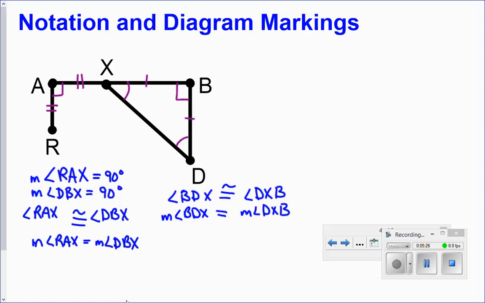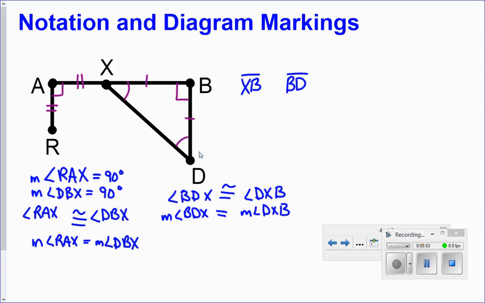Now, moving on, I also see in this diagram some line segments, using our terminology from the previous video. So I'm noticing that line segment XB and line segment BD have the same markings, just like their angles had the same markings.